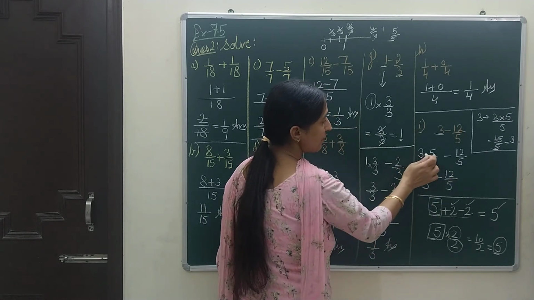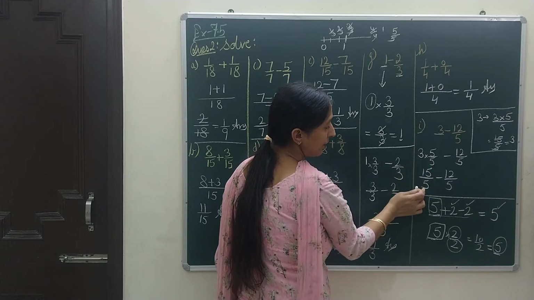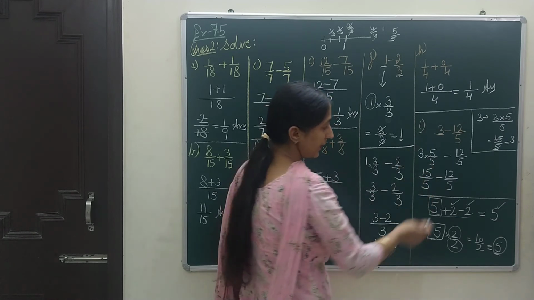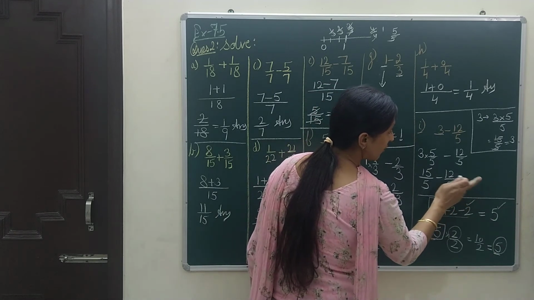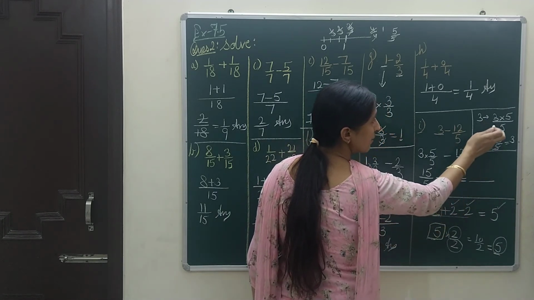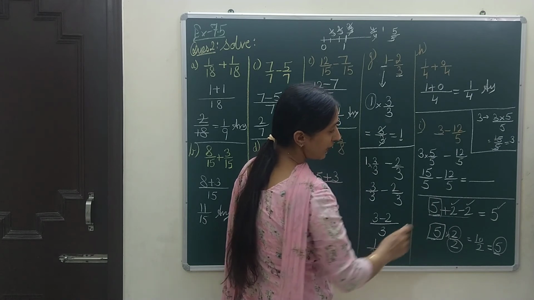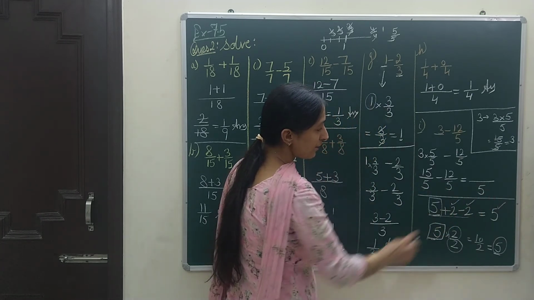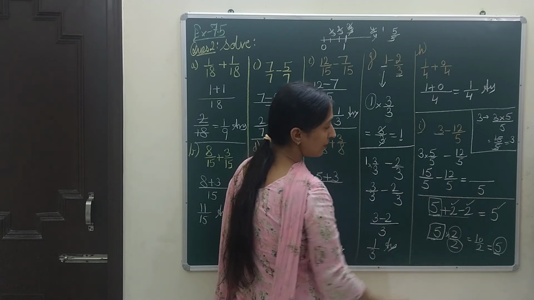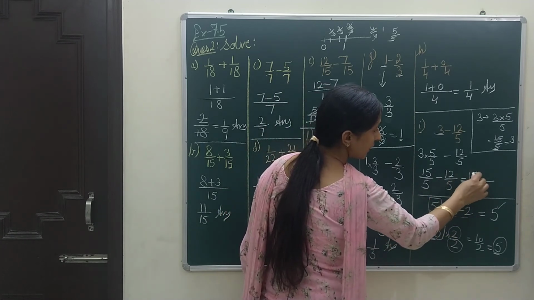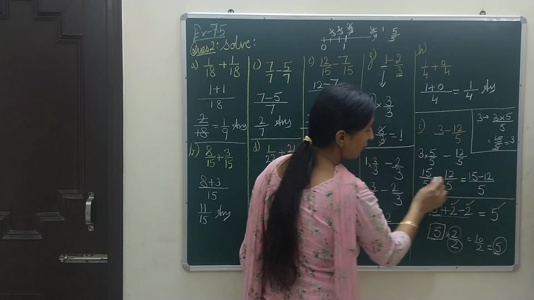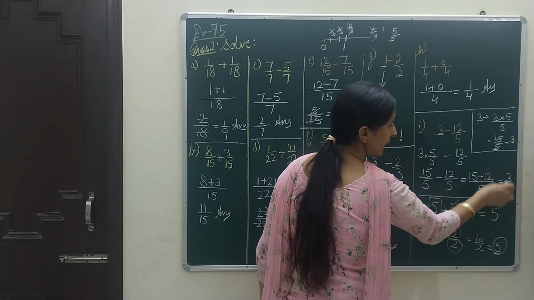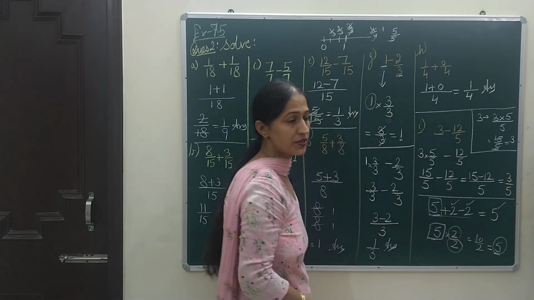You can see 3 fives are 15, 15 by 5. When I cancel, 5 threes are 15. So it will be 3 again. So no value is changed when I apply the same operation in numerator and denominator. As the denominators are again the same, I will write 5 in the denominator, and in the numerator I will apply the operation. Now 15 minus 12 is 3 by 5. It is already in simplest form, so this is my answer.